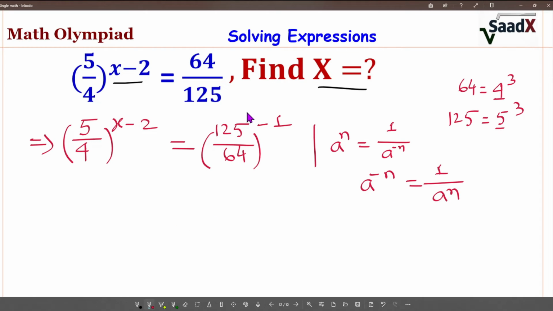So just flip, this fraction becomes flipped because we are using a negative power.